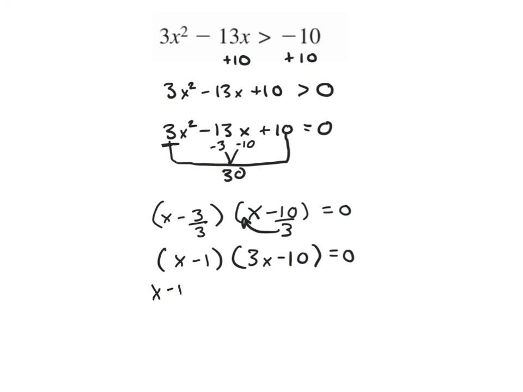And now we solve just as we would before. So x minus 1 is equal to 0. 3x minus 10 is equal to 0. We add 1 to both sides, so x is equal to 1. We add 10 on both sides here, and then divide by 3, so x is equal to 10 over 3.